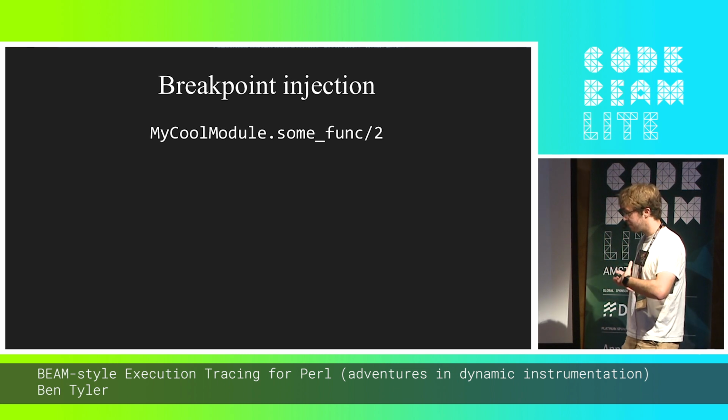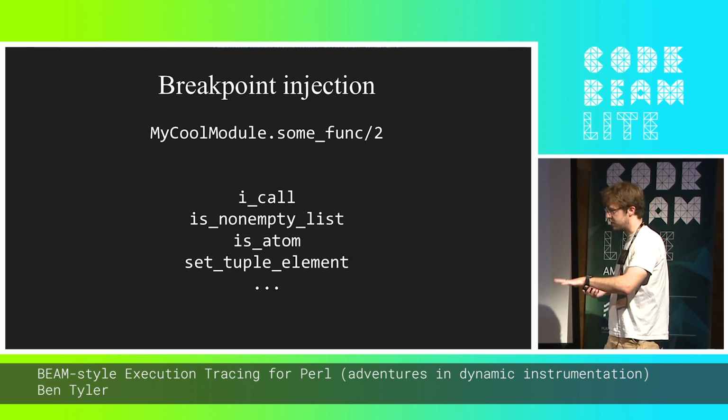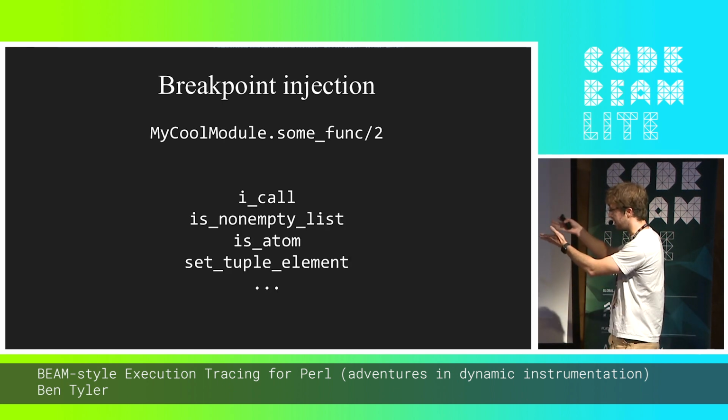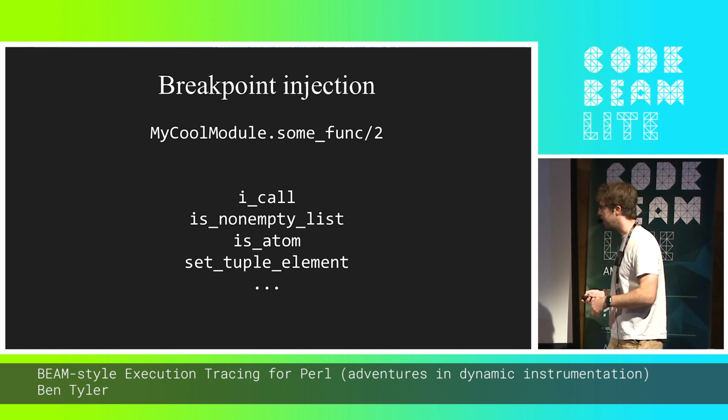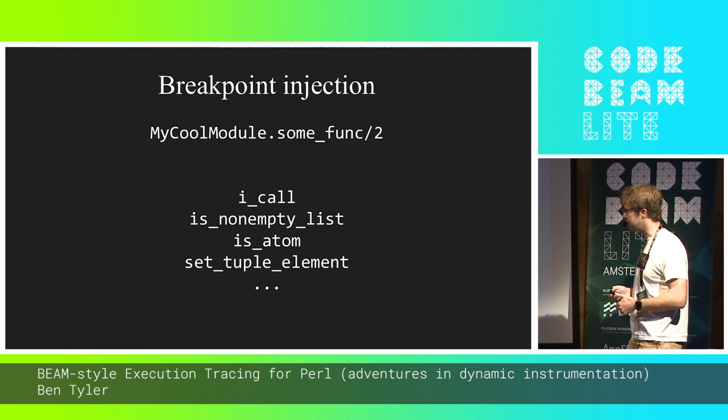If you imagine I've got some module with some function, inside of it there's a bunch of BEAM instructions after it's been compiled. This is a nonsensical sequence of instructions, but somewhere in there is a set of stuff the VM is going to call for me in sequence.